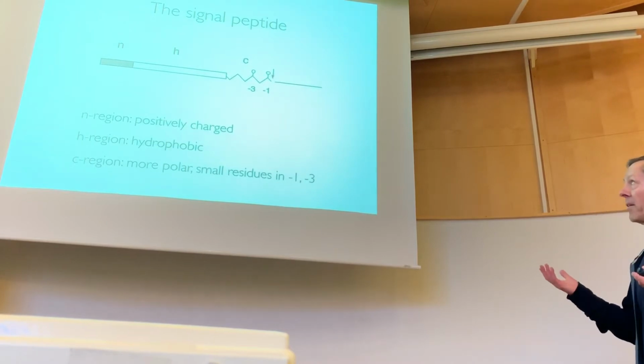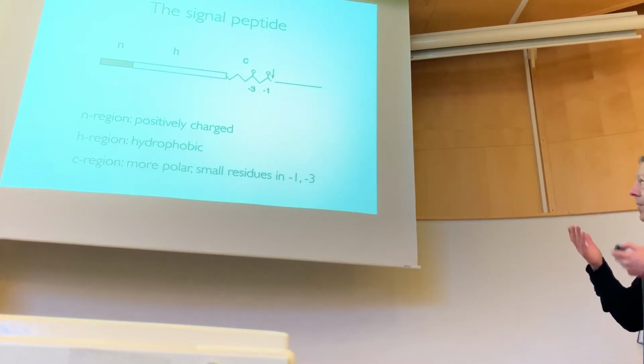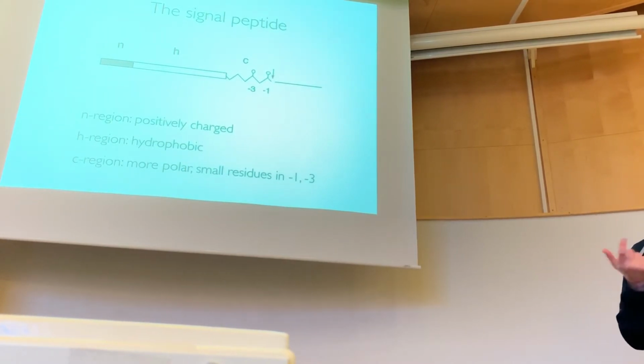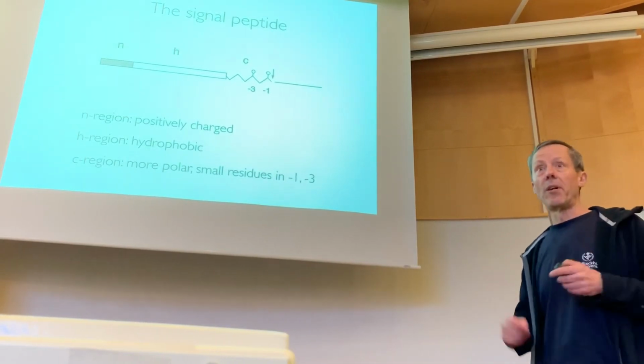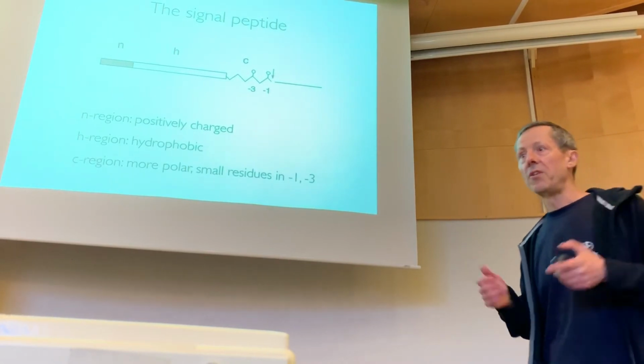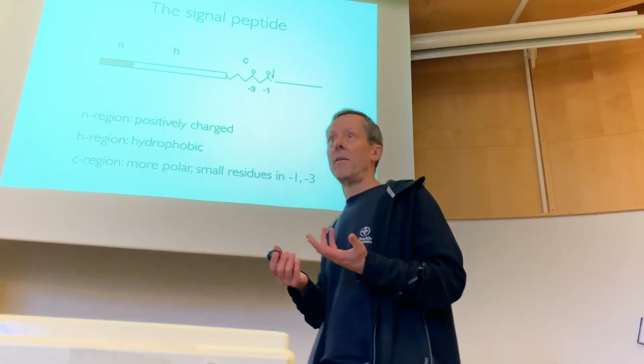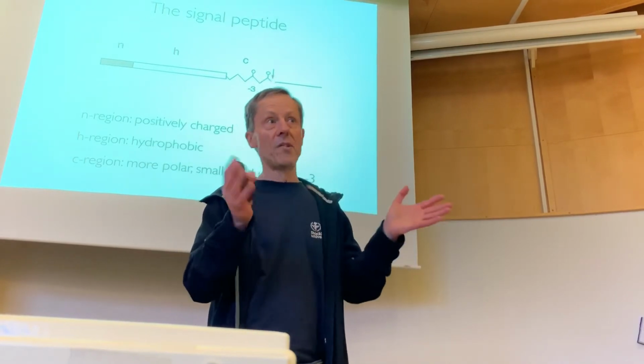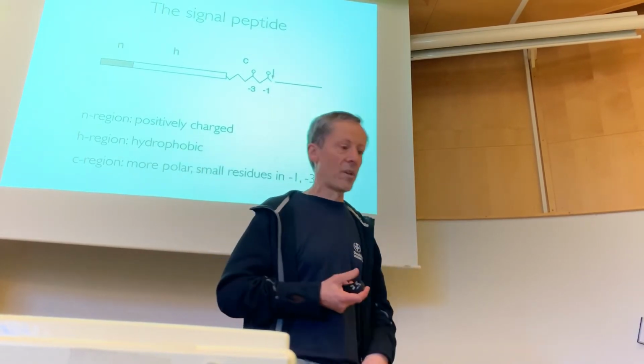And of course it depended on the ability to sequence secretory proteins to find out what the signal peptide looked like, and then hopefully by comparing many, finding some common features that would allow you to predict that this is a signal peptide, this is not a signal peptide.